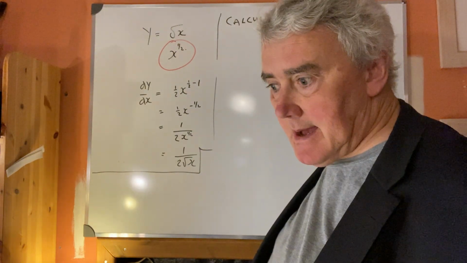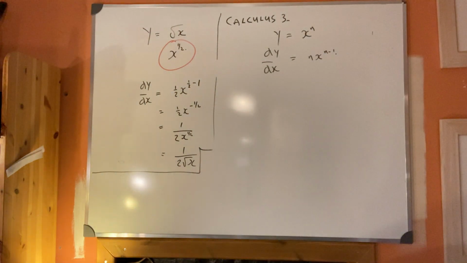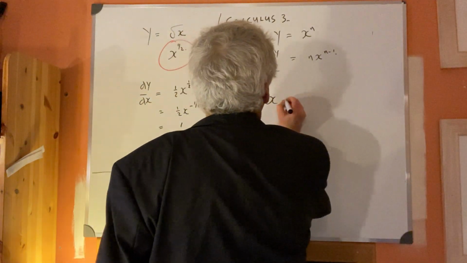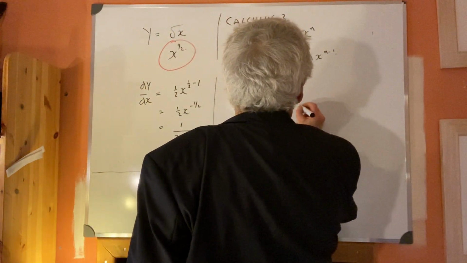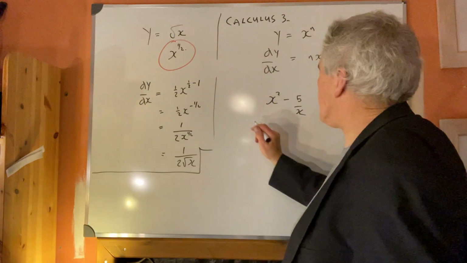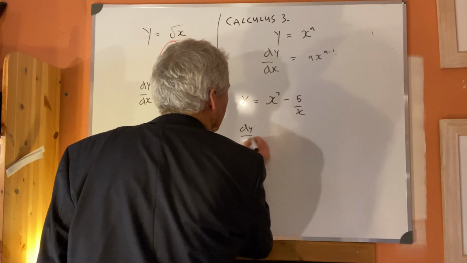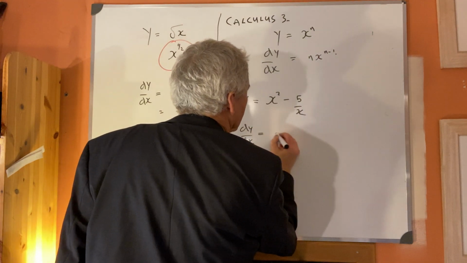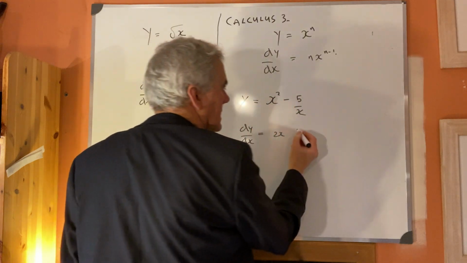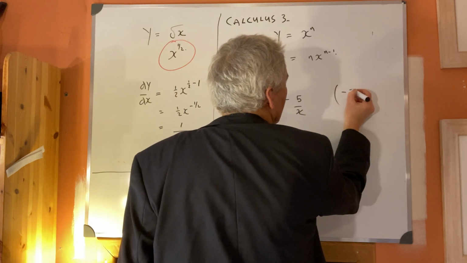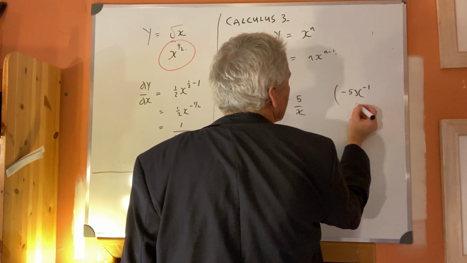Yeah. So to give you an example, let's say we have something like x squared minus 5 over x. And again, that's our y. So our dy dx is equal to 2x to the power of 1. This comes above the line, so we have minus 5x to the minus 1.